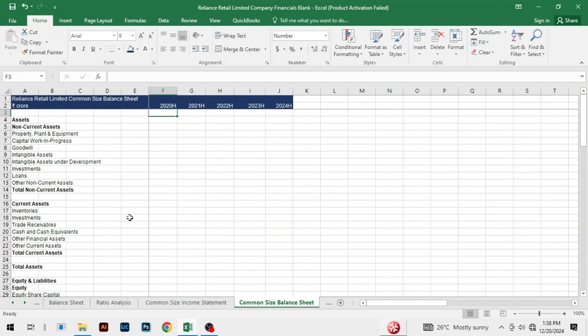balance sheet, right? With the common size balance sheet, we want to express all balance sheet line items as a percentage of total assets. The reason is we want to track and identify trends and patterns from this data. Here we take the property, plant and equipment.